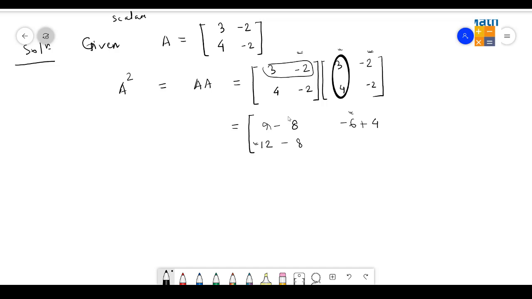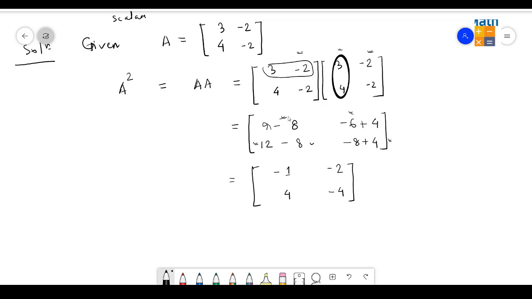And then for this position, 4 into minus 2 will be minus 8, then plus minus 2 into minus 2, it is 4. So the result comes like minus 1 for this first position. Then for the second position it is minus 2. Then for the A21 position, it is 4. For the A22 position, it will be minus 4. So this is the result for A square.